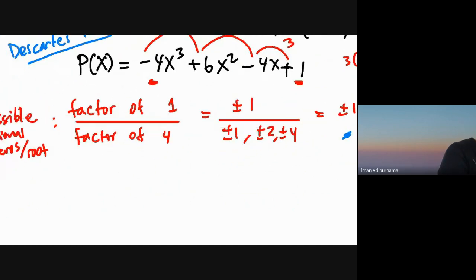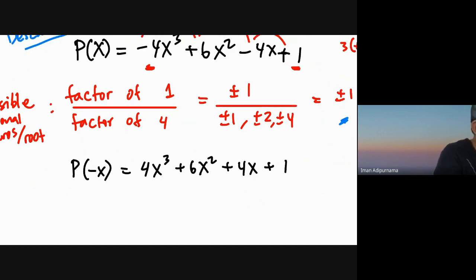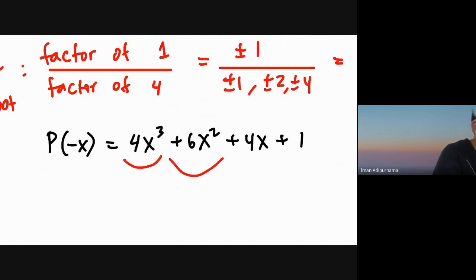That's how the rule works. And how to find the negative? We check with the negative x inside, and this will be 4x cubed plus 6x squared plus 4x plus 1. So if we look here, there is no change, right? It's all positive.